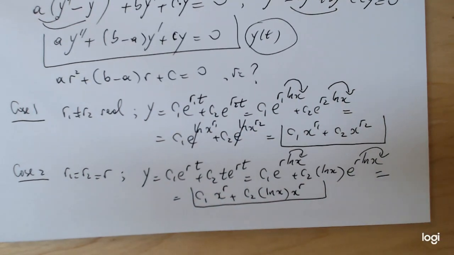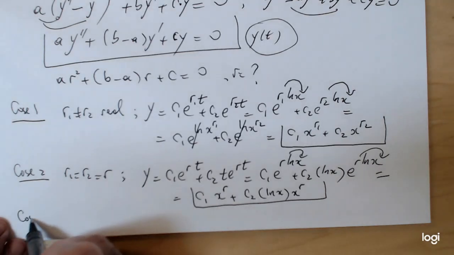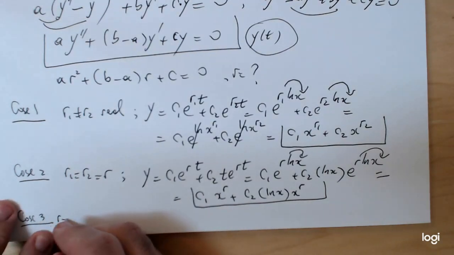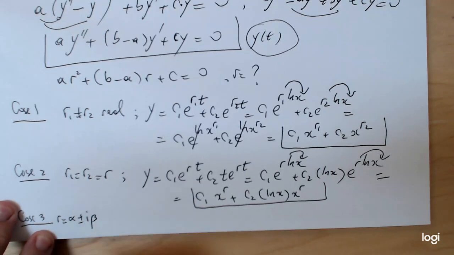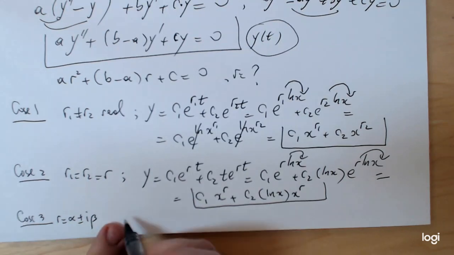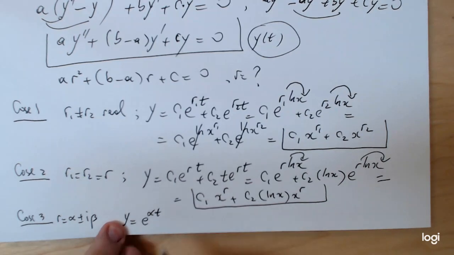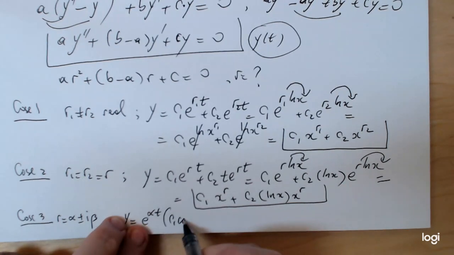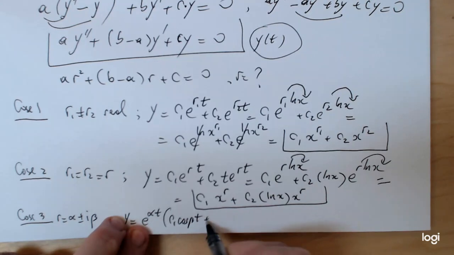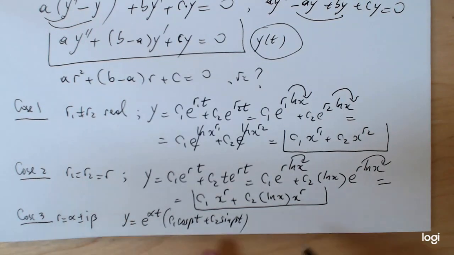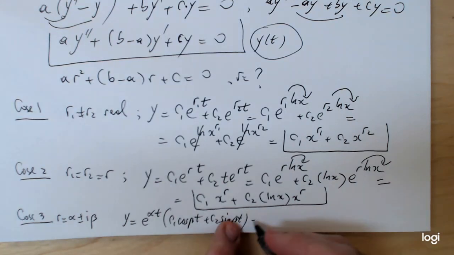And let me see if I can squeeze the case number 3 here. We're going to write them again on the next slide anyway. In the complex case, similar approach. Solution is e to the alpha t, C1 cosine of beta t plus C2 sine of beta t. Replace t with natural log of x.